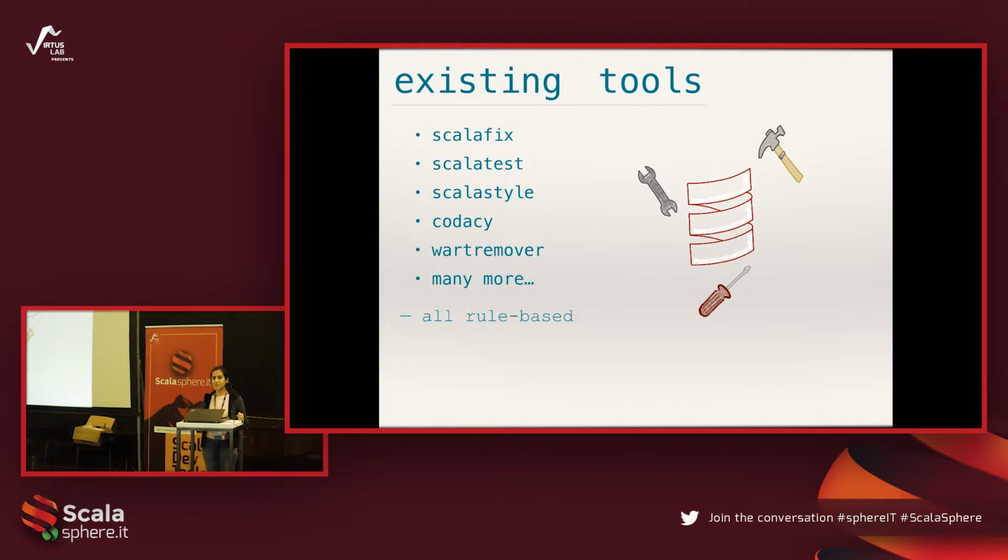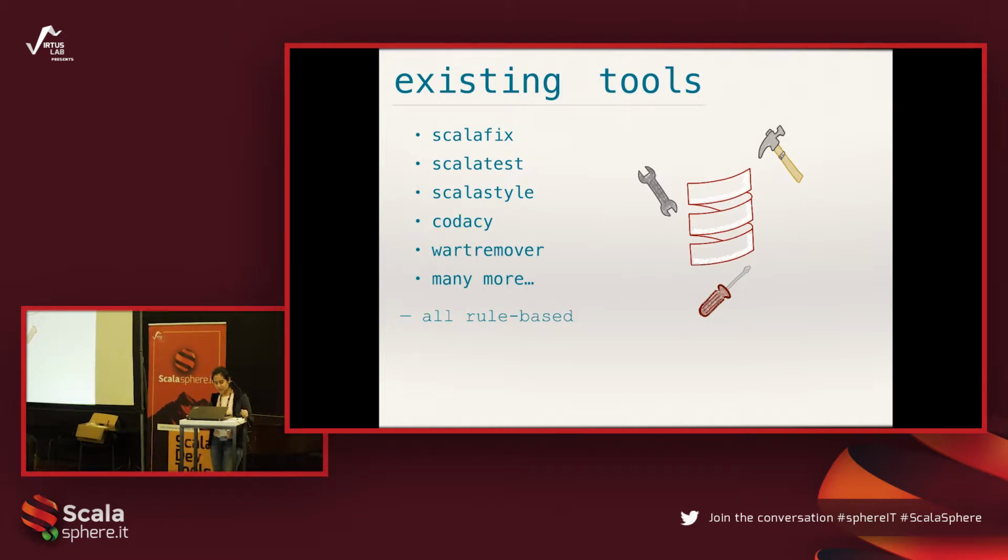There's many more of them, but these are quite wonderful. And what they all have in common, however, is that they're all rule-based, right? And there's nothing really wrong with that, with having rule-based tools. But it does make a certain assumption that code is nothing really more than a set of syntactic rules.